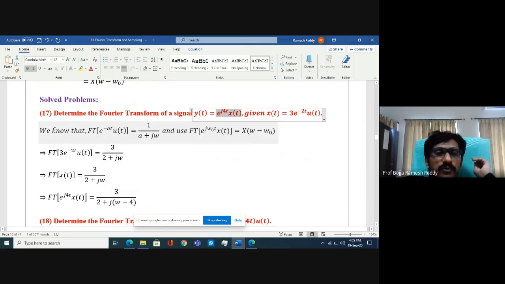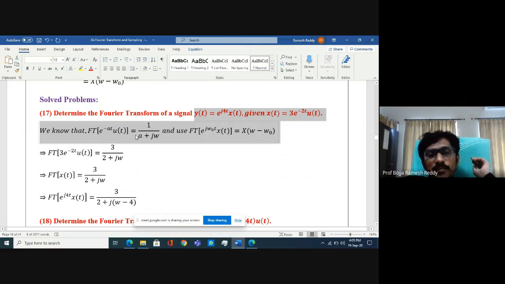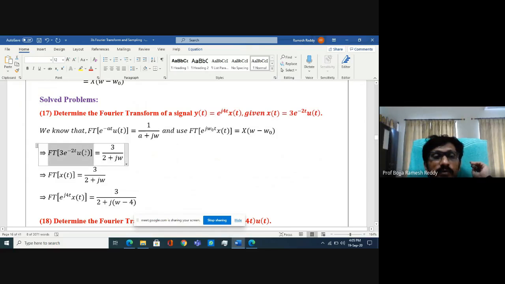Once again, we have to use the decaying exponential signal formula and the frequency shifting property. That is, the Fourier transform of e power j omega naught t x of t is X of omega minus omega naught. This is known as per this formula.